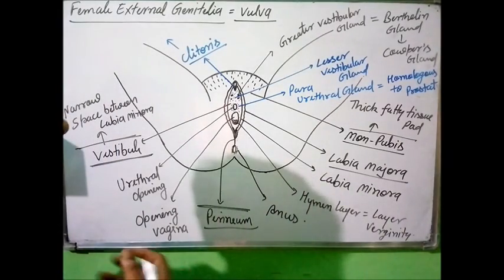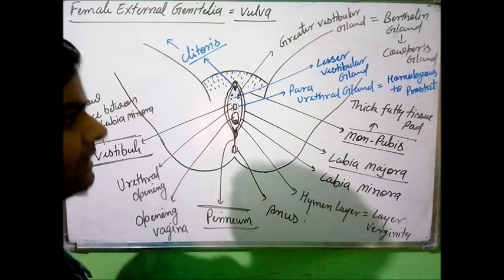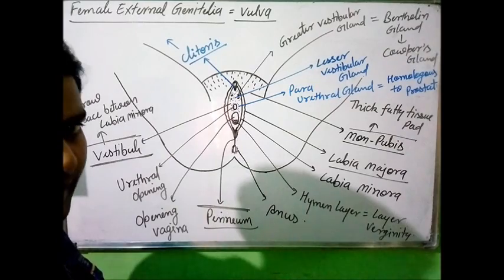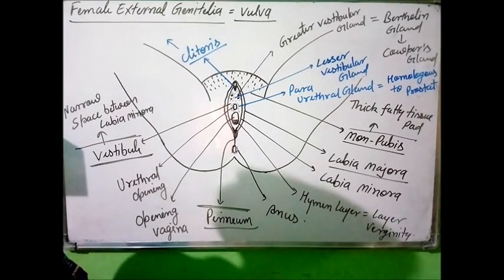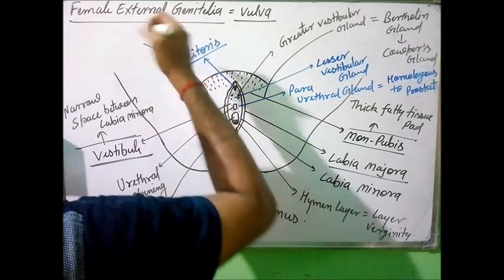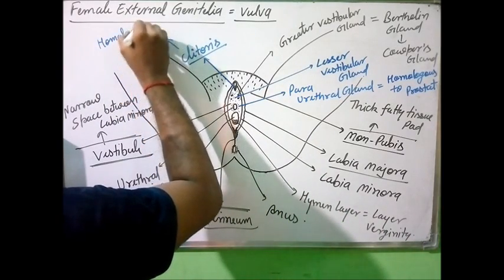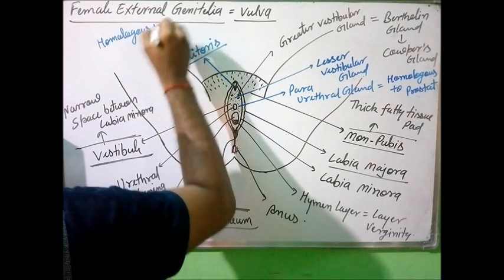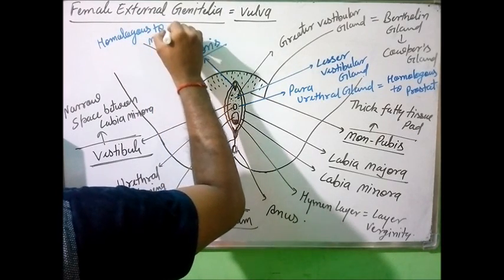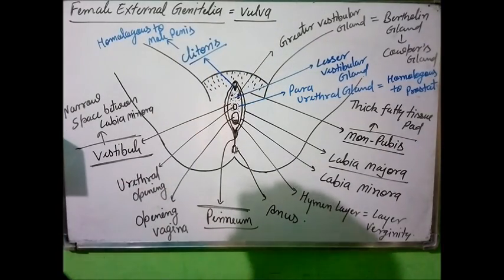Okay, so in some females, due to abnormal hormonal condition, this clitoris is going to be enlarged and it looks like a small penis. So this clitoris is homologous to male penis.